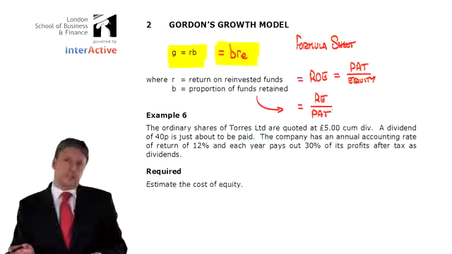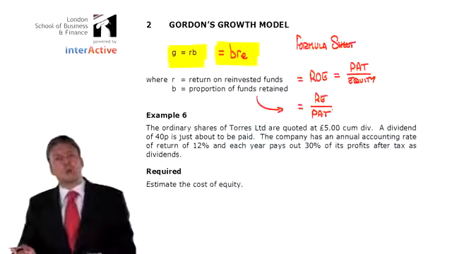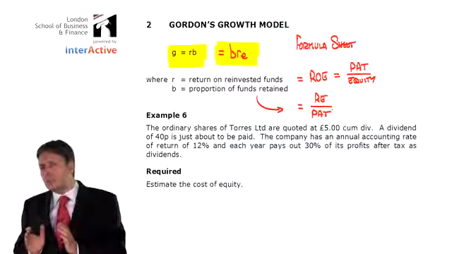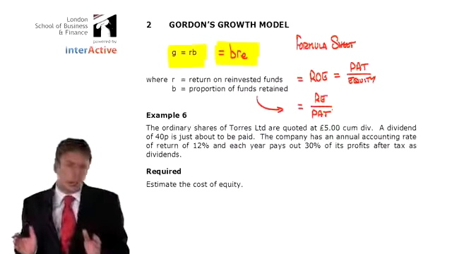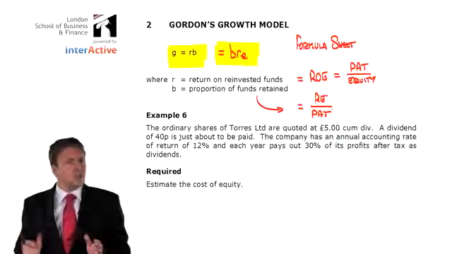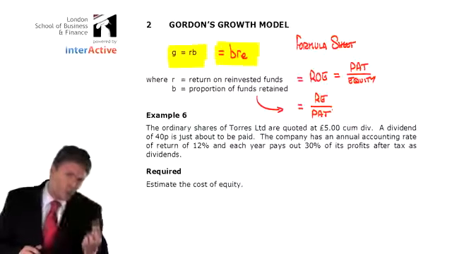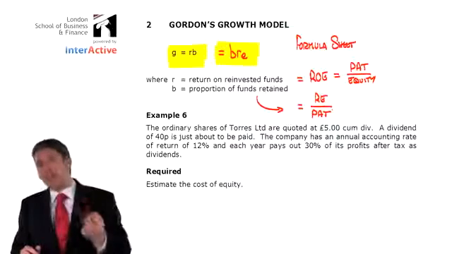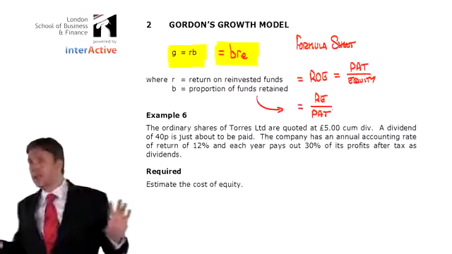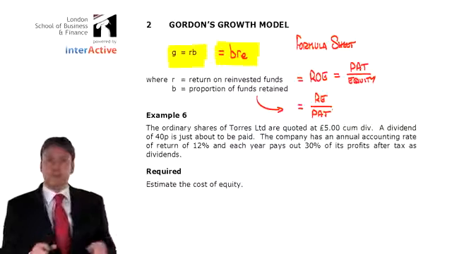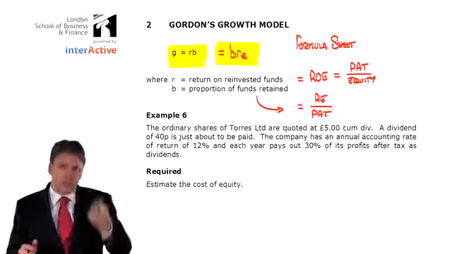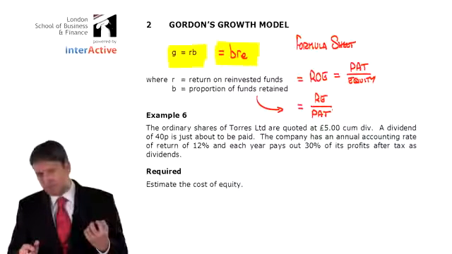Now, the issue is this. You could say Gordon's growth model is rubbish because it focuses on profit, which is subjective at very best. And also it focuses on a single year, and of course, that single year may be different or atypical to all other years, either before or after. But what we tend to find is that in practice, it's a very solid, rough and ready measure.